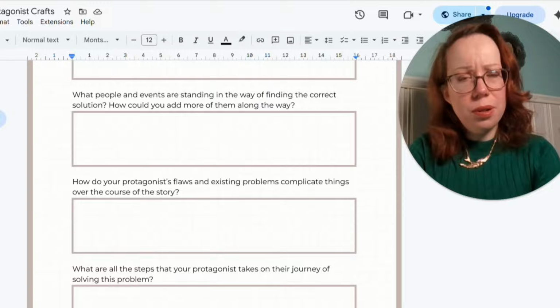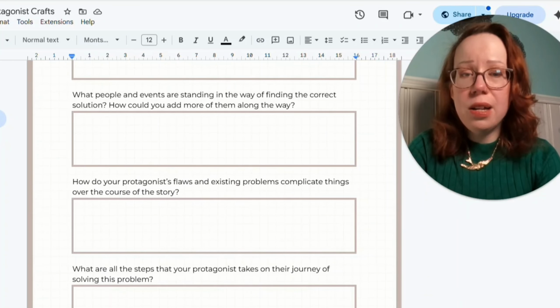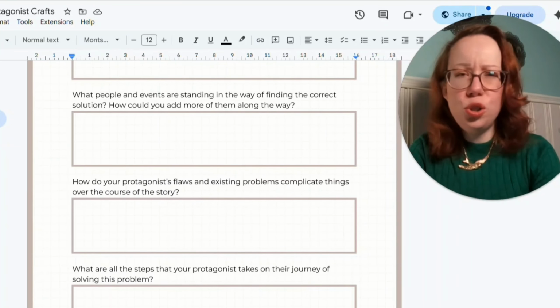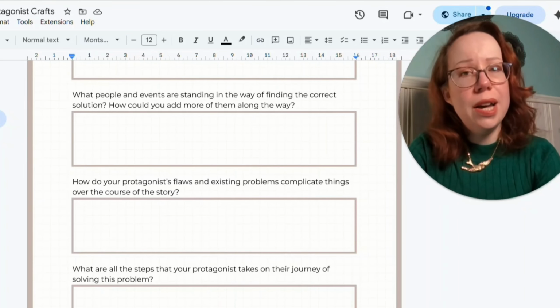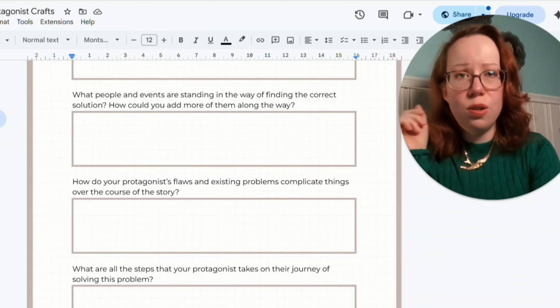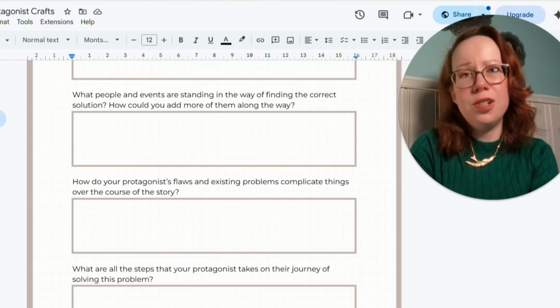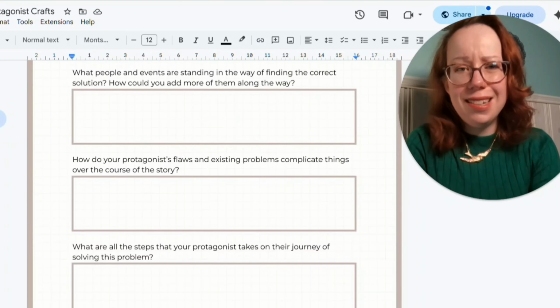And then what kind of people and events and circumstances are standing in the way of your protagonist finding the correct solution? And how could you perhaps add more of them along the way to make your plot have to go through more turns? If it's too straightforward, then it's boring and nobody will want to read it at least for a second time. And they won't be recommending it to their friends.